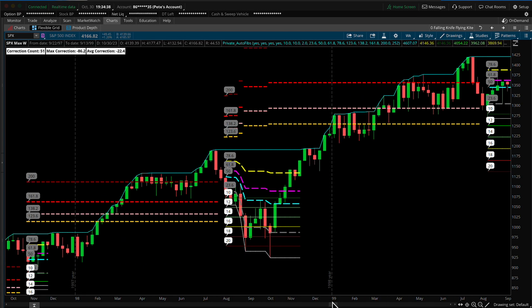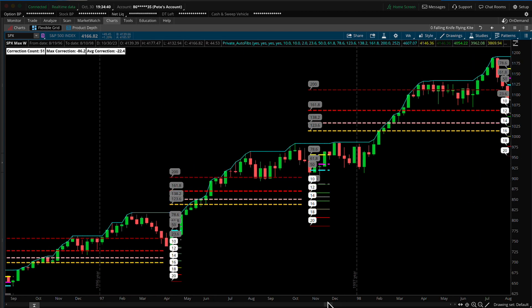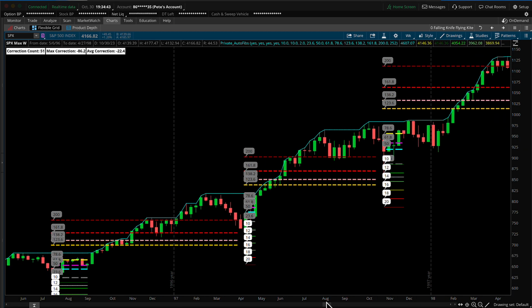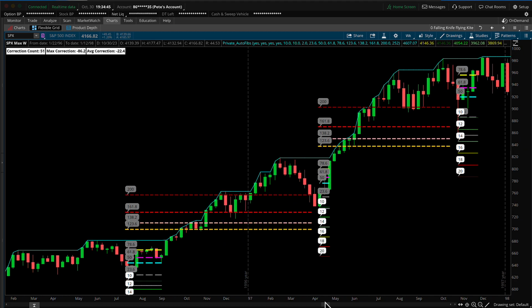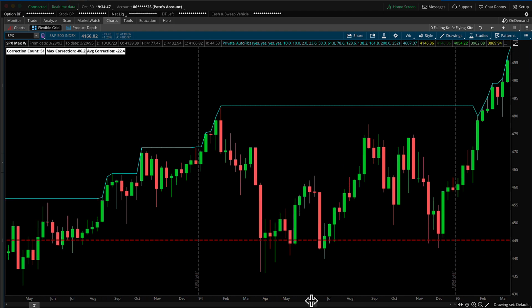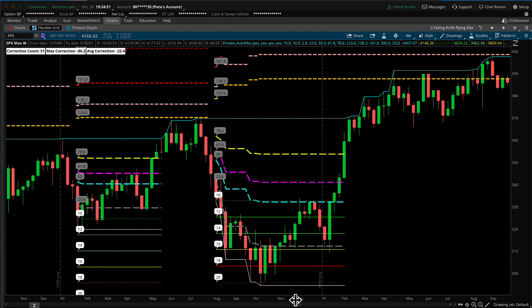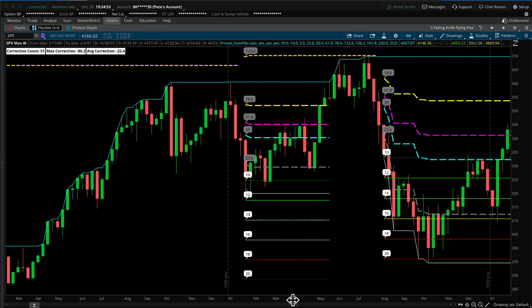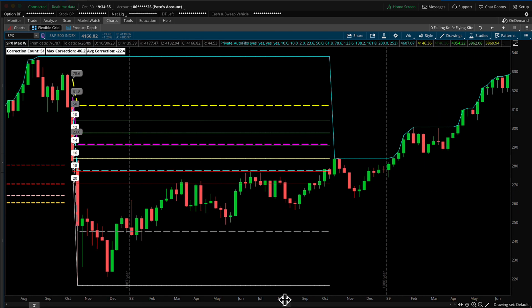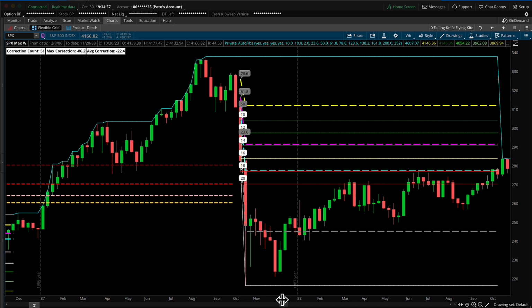You see these corrections. Again, the normal pattern, or I should say maybe normal's the wrong word to use, but the more consistent or more frequent occurrence is that we make new all-time record highs before a new market correction. So you can see we've got lots of corrections that have taken place in the historical record.